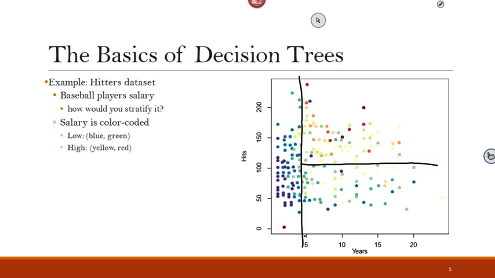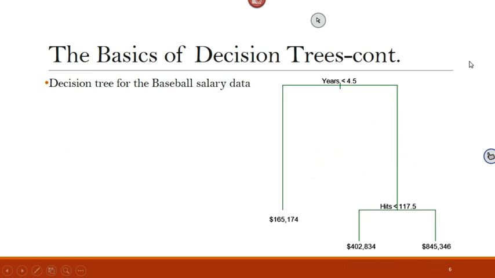So this is how we represent this in a tree. This is the representation of it, and this is the model.